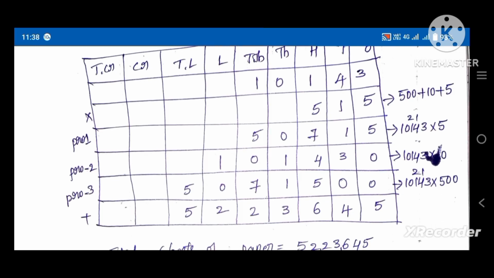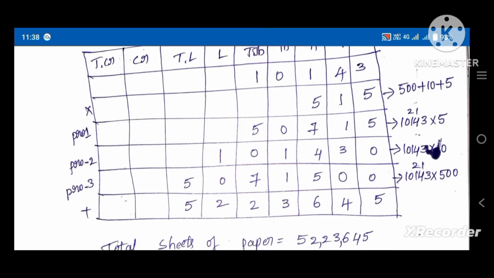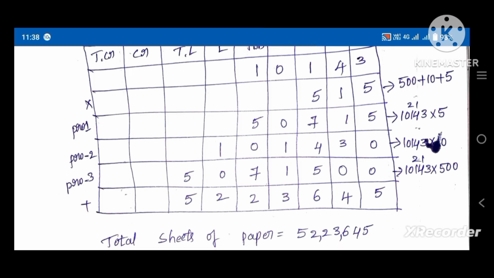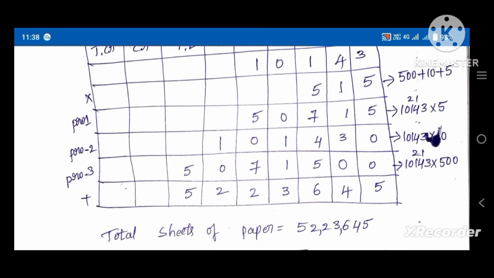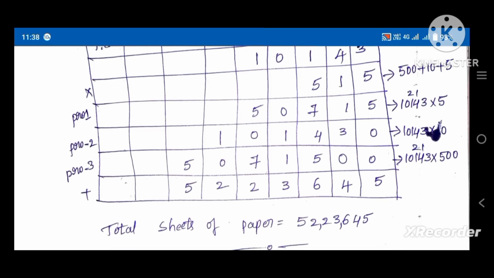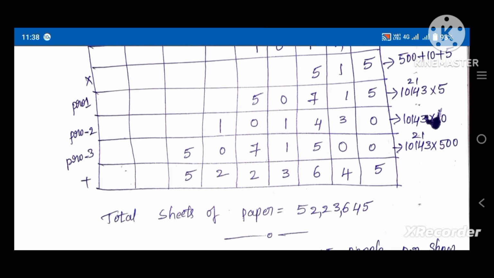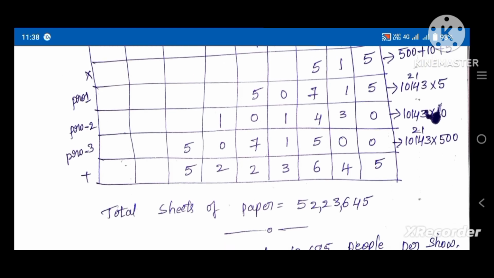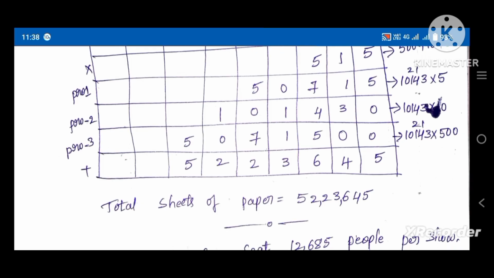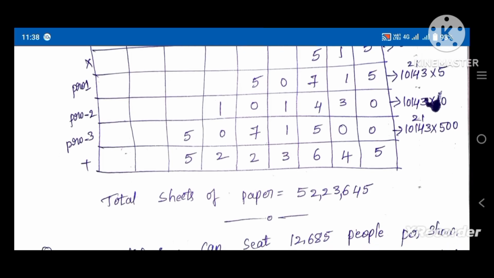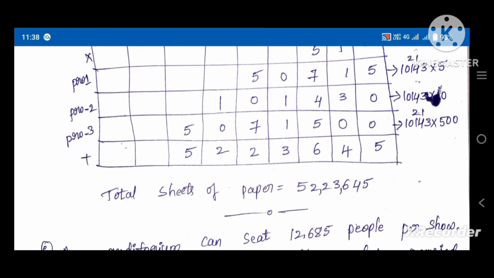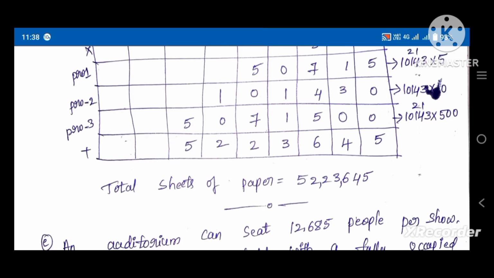Multiply by 515. 515 means 500 plus 10 plus 5. First product is multiply 10,143 into 5 is equal to 50,715. Second product is 10,143 into 10 is equal to 1,01,430.